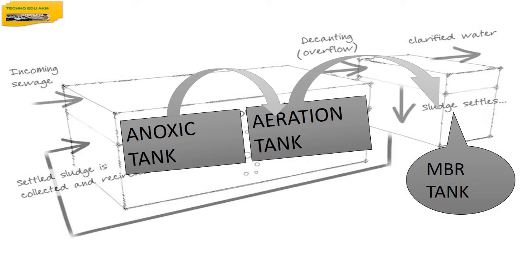Here, incoming sewage enters the anoxic tank, then with the help of gravity enters the aeration tanks, and finally goes into the sludge settling tank, that is where the MBR tanks are, and the residue again returns back to the anoxic tank where settled sludge is collected and received.